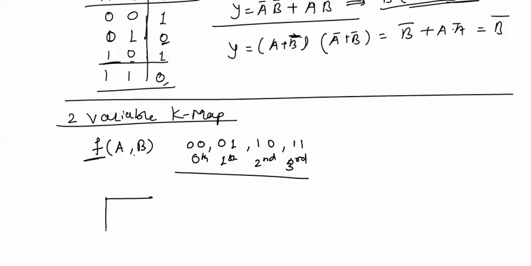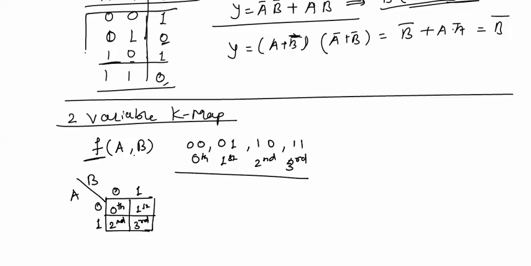A two variable K map basically looks like this. Inputs are A and B, 0 1 and 0 1. The value of F for the zeroth combination will be plotted here, the first combination will be plotted here, the second combination here, and the third combination here.